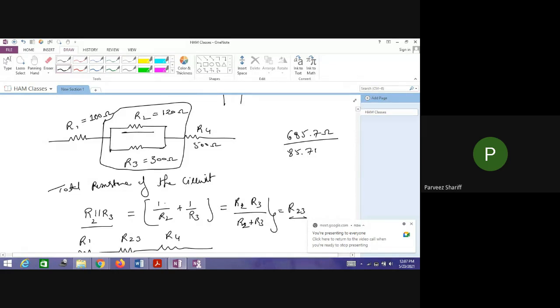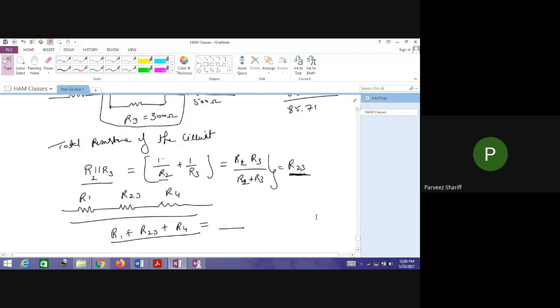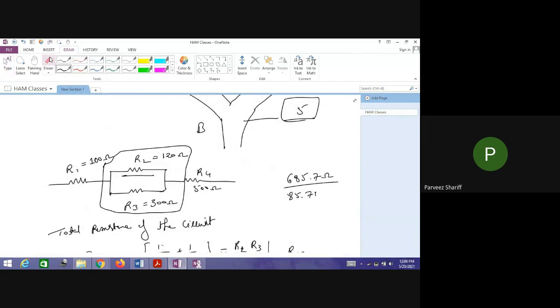I told you that the resistors, when they are in parallel, we write in this fashion: 1 by R plus 1 by R. So when we write this, we can directly substitute the value of R2, that is 120 ohms in the denominator, then 300 ohms in the denominator. Then we can simplify, and we can take reciprocal of it, inverse of it, and we'll get the value of R21.